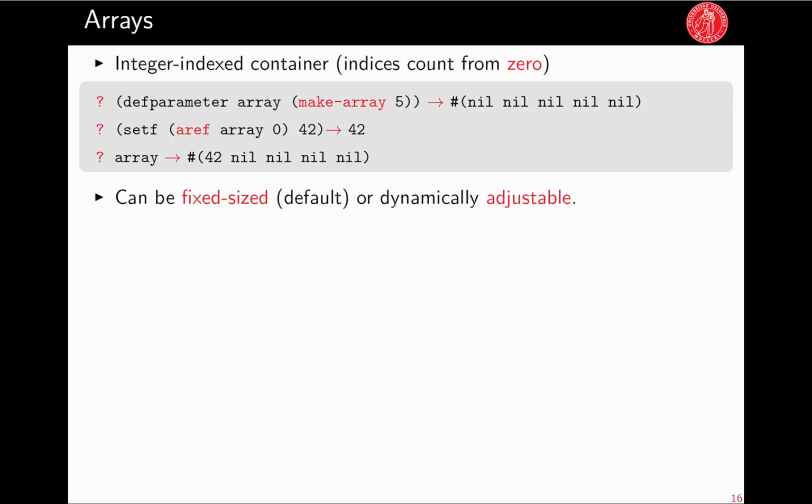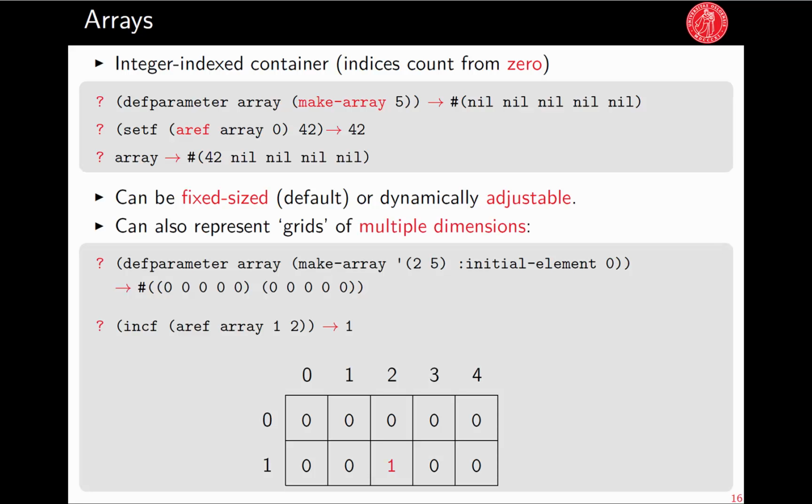Lisp arrays can be fixed sized, so have a given fixed length, that's the default, or they can be made to be adjustable, so that we can dynamically ask for the array to be extended. A peculiar thing of Lisp arrays is that they can also be used to represent grid structures. They can be multi-dimensional.